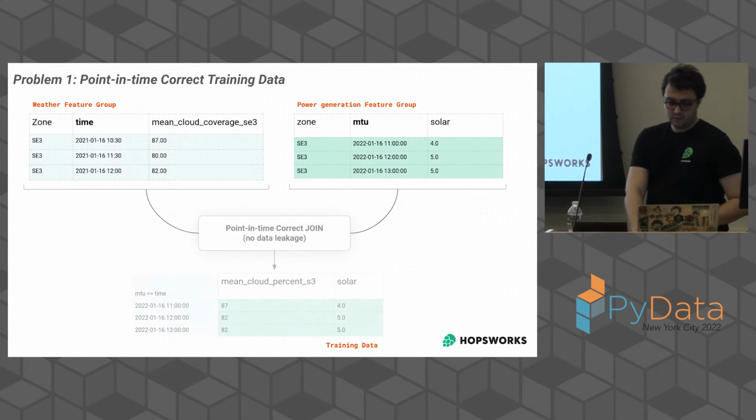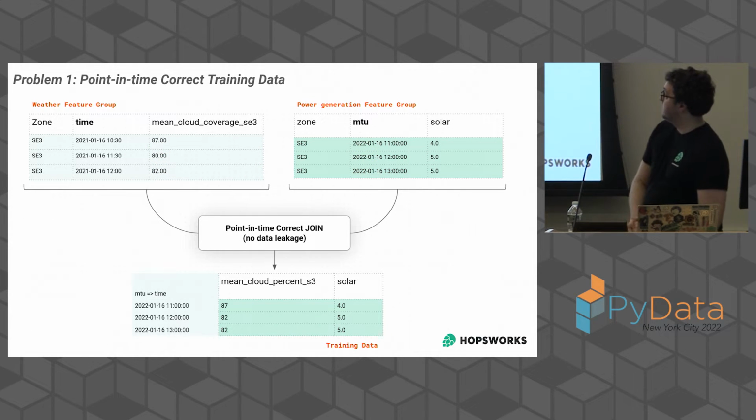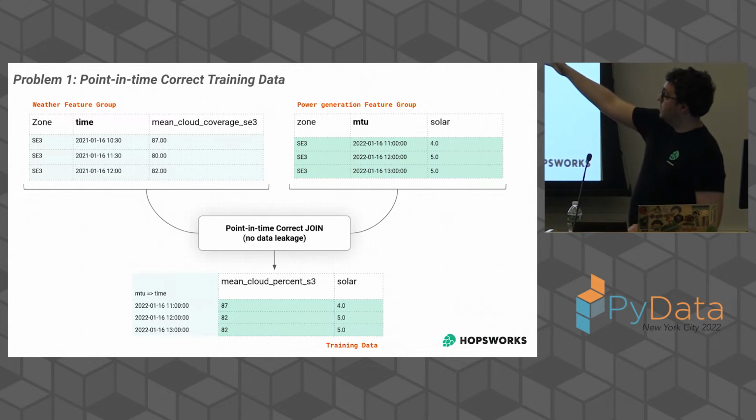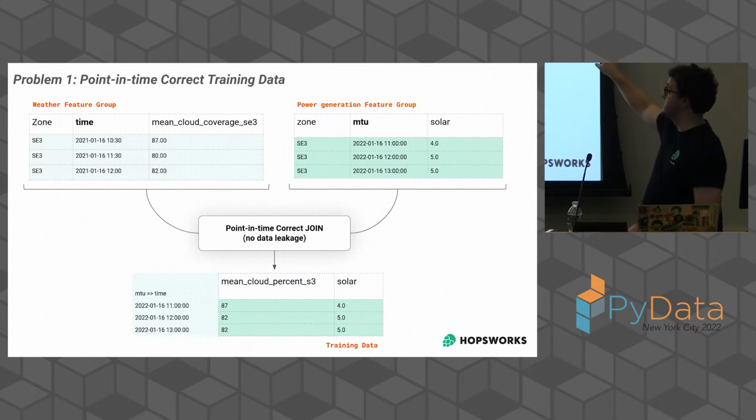If I look at a subset of the problem, I'm going to just take 2 features, and then this can be expanded to the entire dataset. So I have the weather features in terms of cloud coverage, and my label, for this specific subset of the model, is going to be the solar output, right?